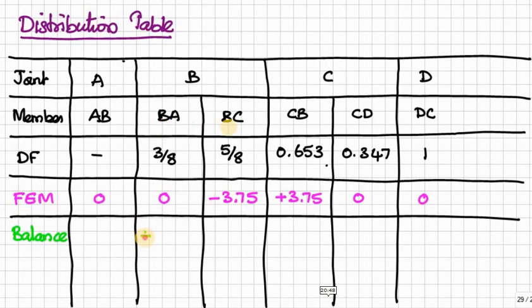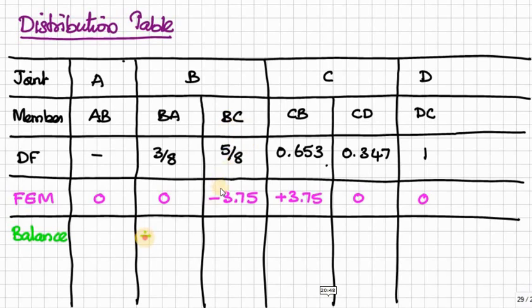How to distribute? Equally? No. This is according to distribution factor. If the distribution factor is more, then we have to distribute more moment to that member. Therefore, this is the distribution factor for BA. This is the distribution factor for BC.